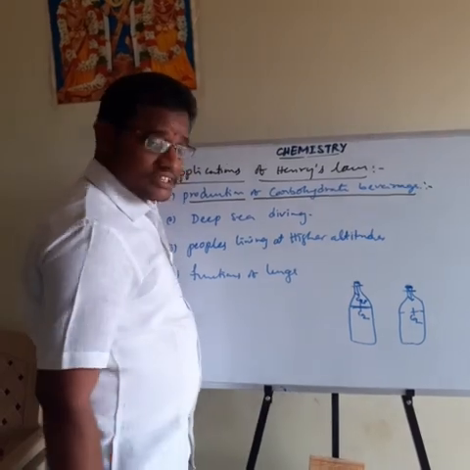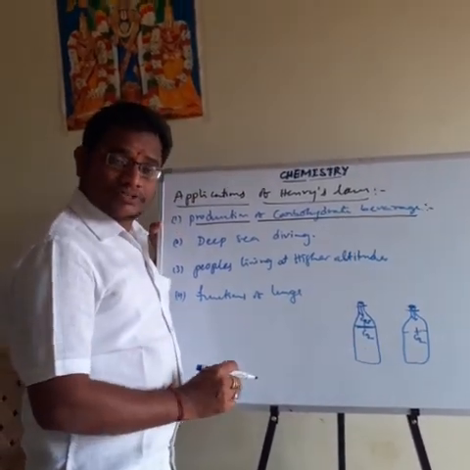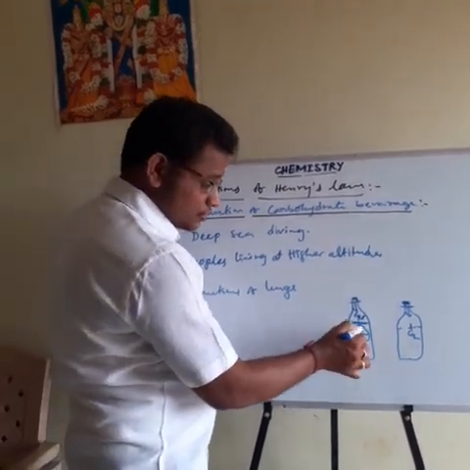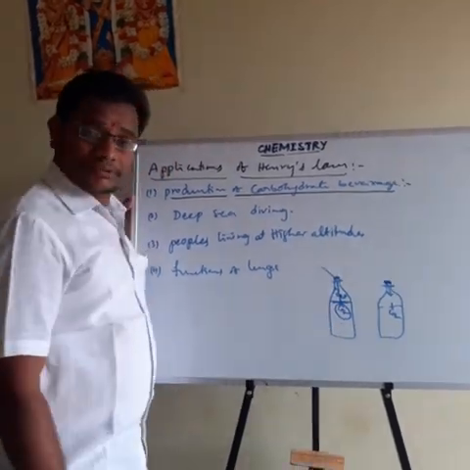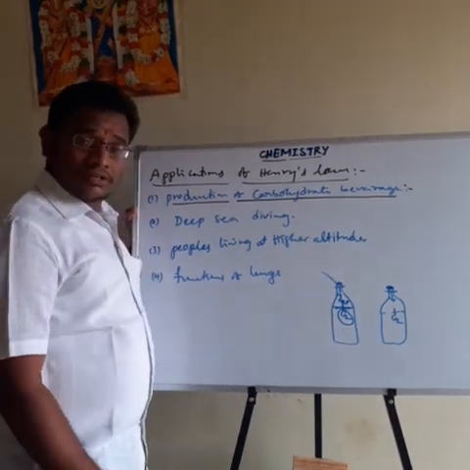Whenever the pressure decreases, the solubility of the CO2 in the liquid decreases. So the dissolved CO2 bubbles out, that means it comes out in the form of bubbles. So that is about the production of carbonated beverages.